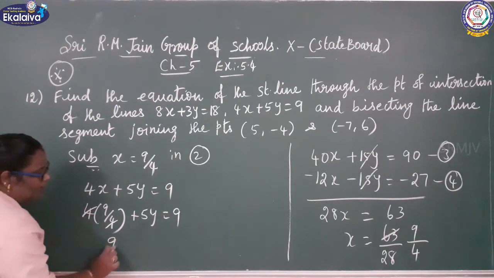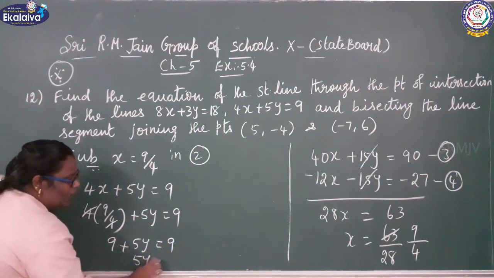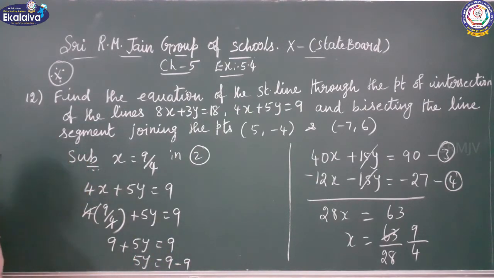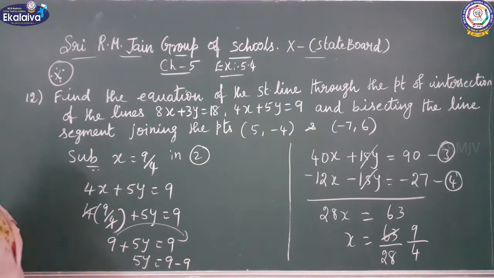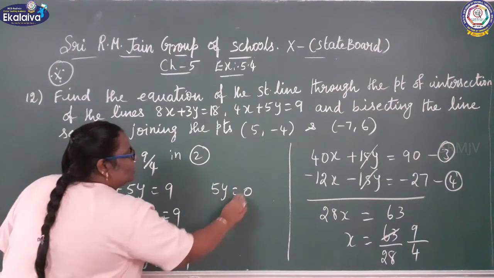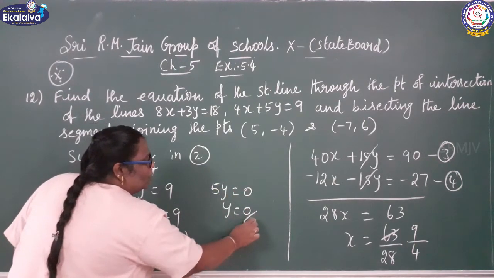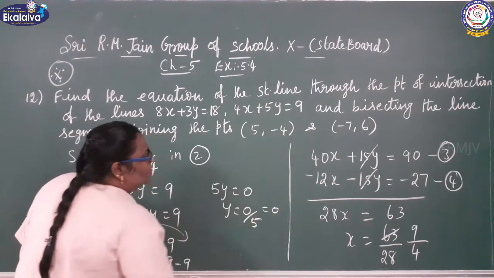What is the remaining thing? 9 plus 5y equal to 9. 5y equal to 9 minus 9, that's 9 to the right hand side. 5y equal to 0. Y equal to 0 by 5, the value is 0.